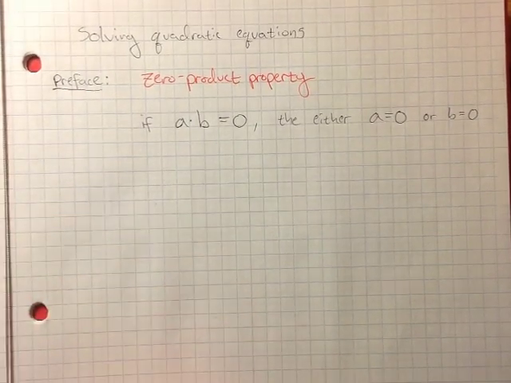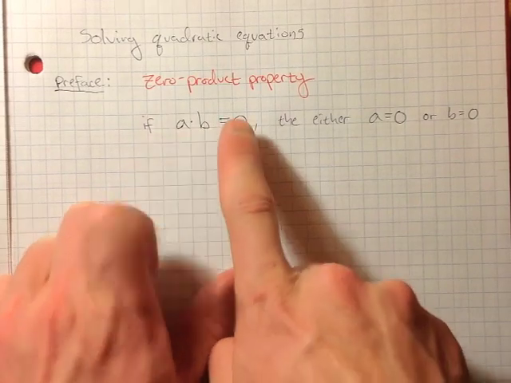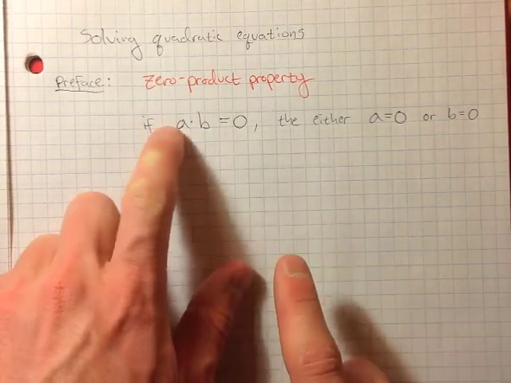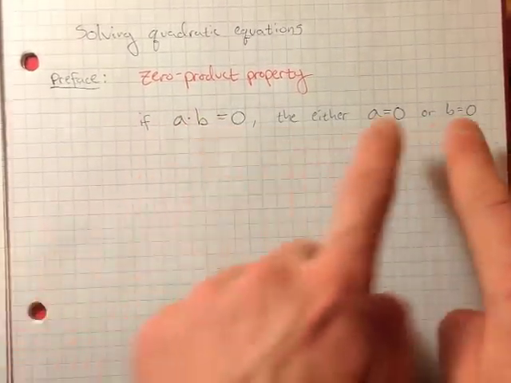Does that kind of make sense? If you multiply anything by 0, you're going to get 0. So if you ever see an equation of that form, something times something equals 0, one of the somethings has to be 0.